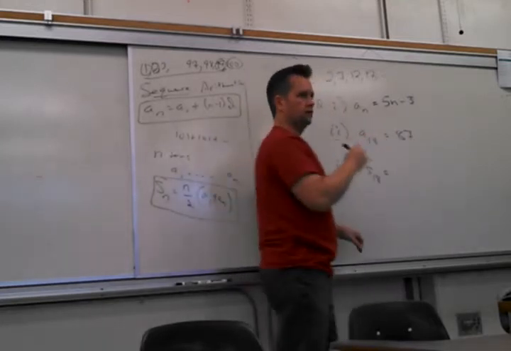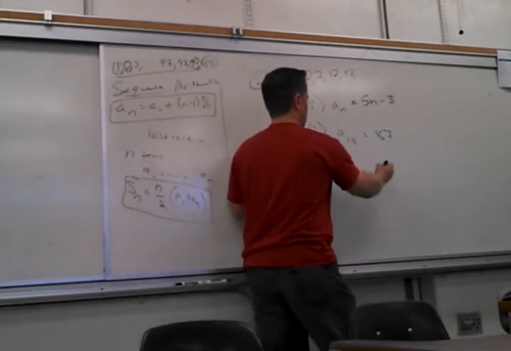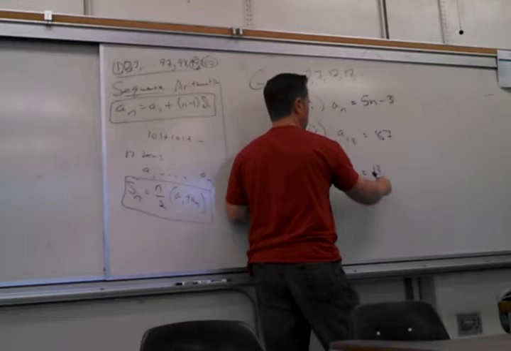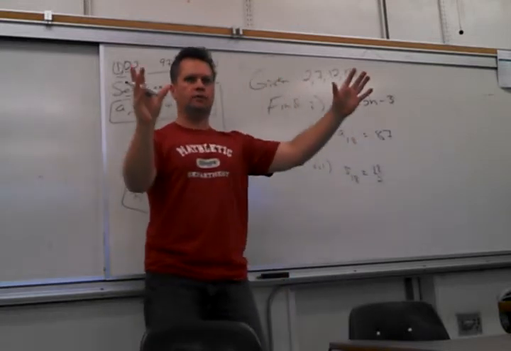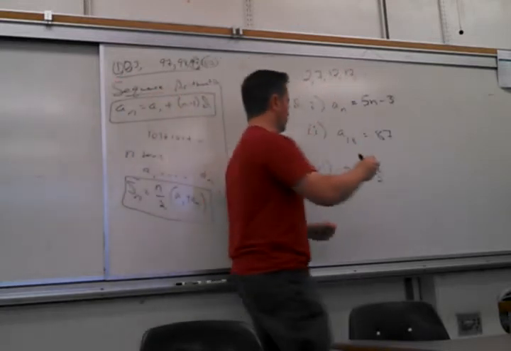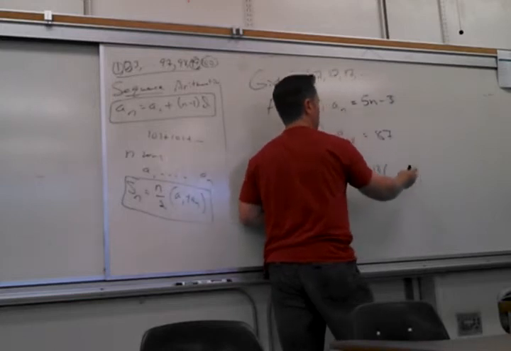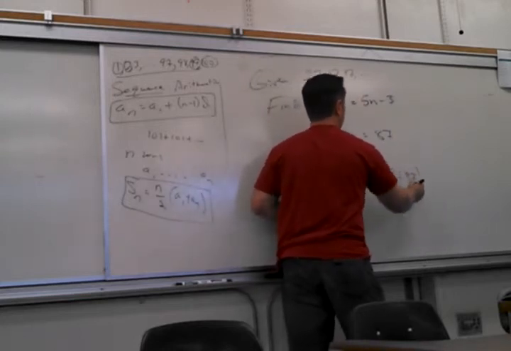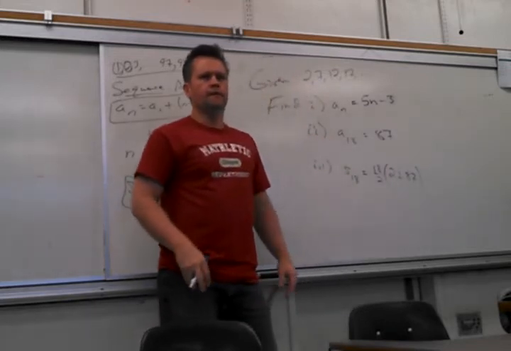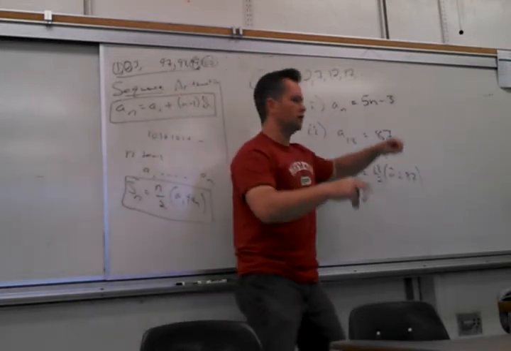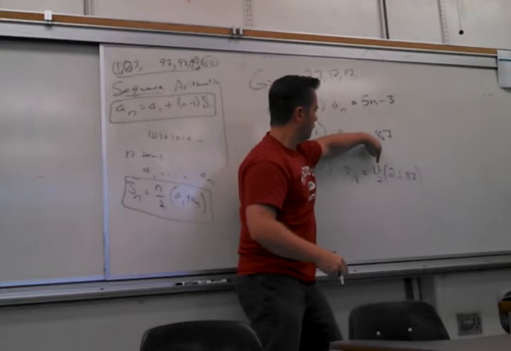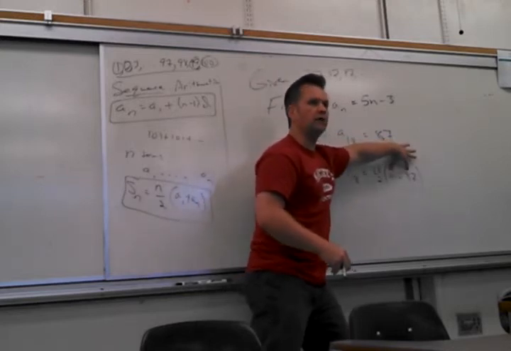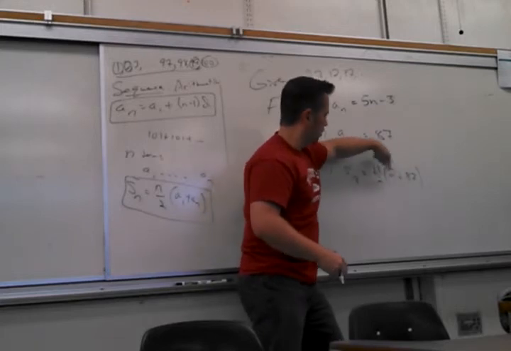So how do I do S18? Yeah, 18 divided by 2, that's how many pairs of the repeated sum there's going to be. And the repeated sum is going to be 2 plus 87, the first term 2 plus the last term 87. So real quick, in case you didn't understand what that meant, if that was 17, this would have come out even, so that 2 can go into it.